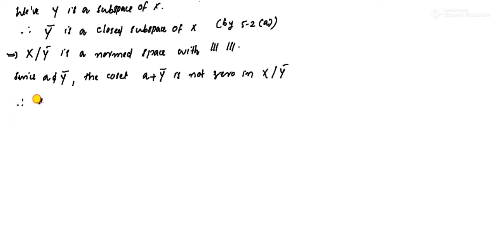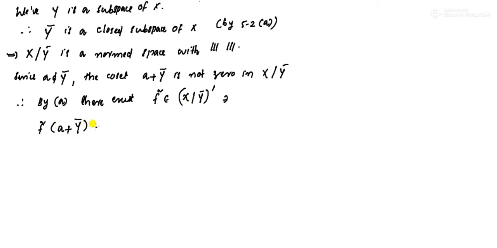Therefore, by A part of this theorem, there exists some f tilde in (X over Y closure) dual such that f tilde of a plus Y closure equal to quotient norm of a plus Y closure and norm f tilde equal to 1. This is by part A of this theorem.